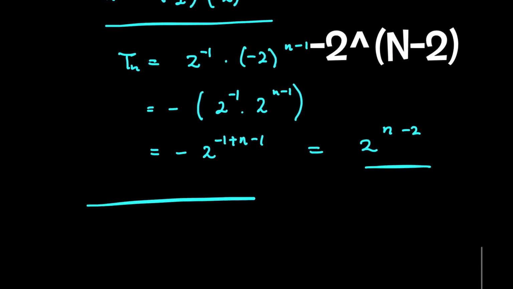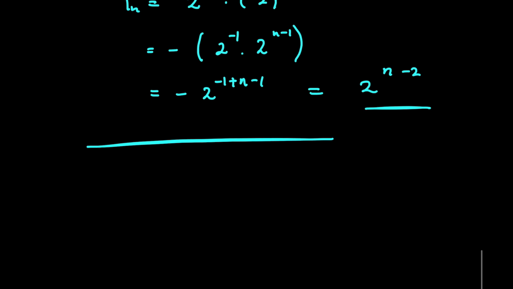Okay, let's consider, let's say you are told that this is a geometric sequence: 9, P, and 36.